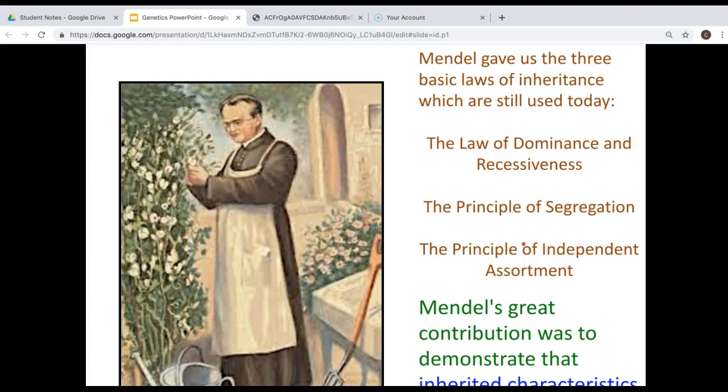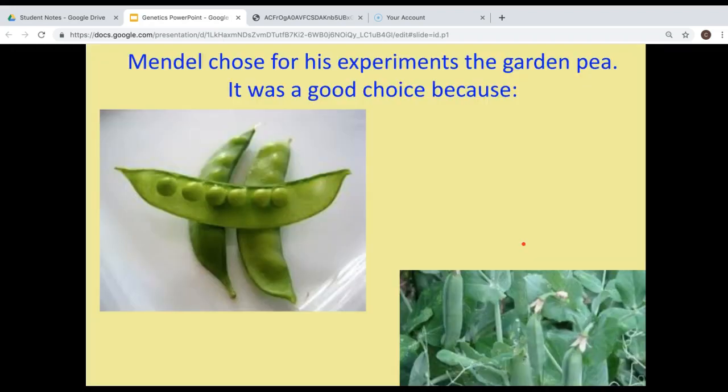Inherited characteristics are carried by genes. Let's underline the word genes. So our inherited characteristics are carried by our genes. That is our genotype, and those are demonstrated as traits in what is known as our phenotype.